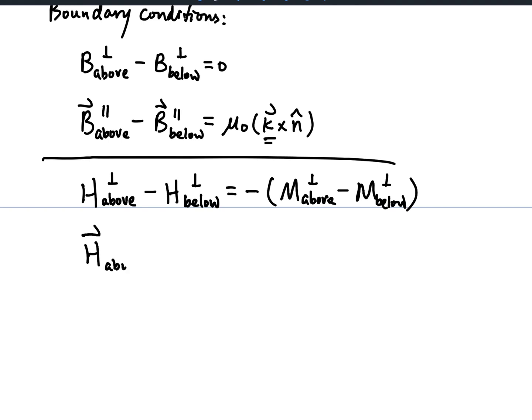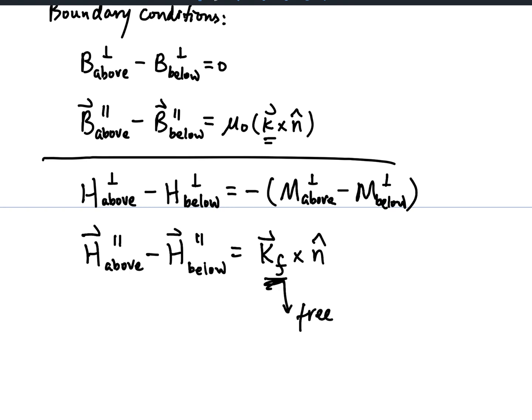Then H above minus H below for the parallel direction, because it's a surface it has 2 directions, which is why I put a vector there, is just equal to K_f cross n hat, where K_f is the free surface current.